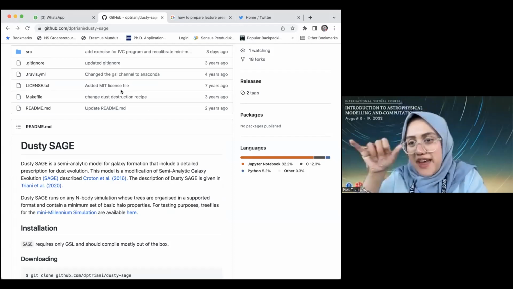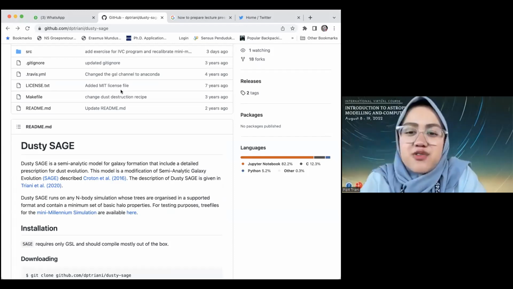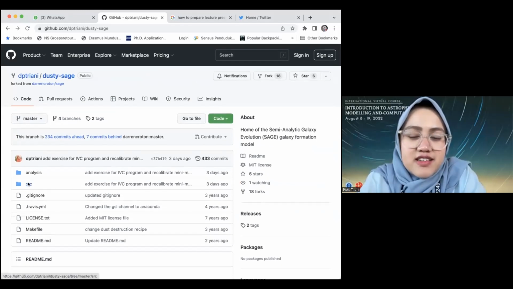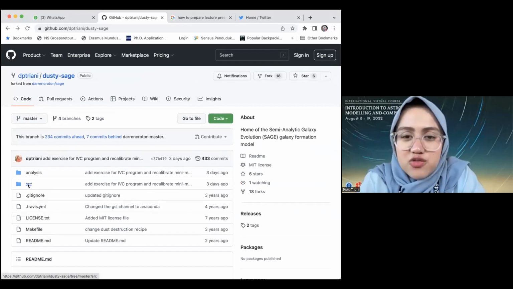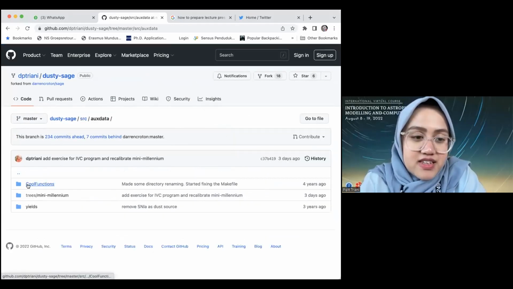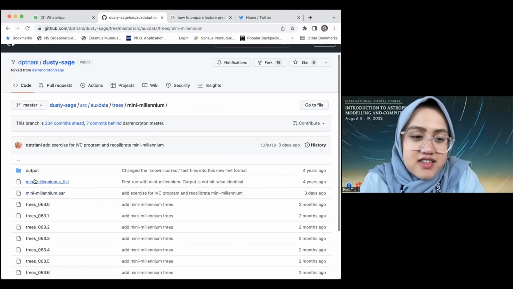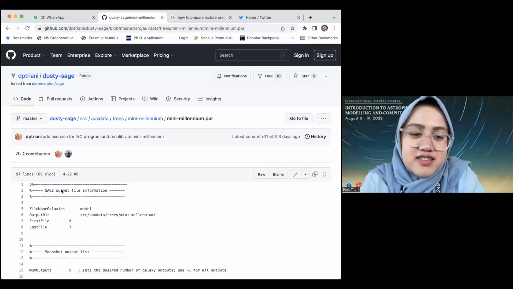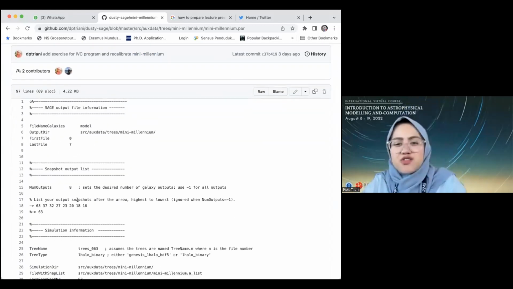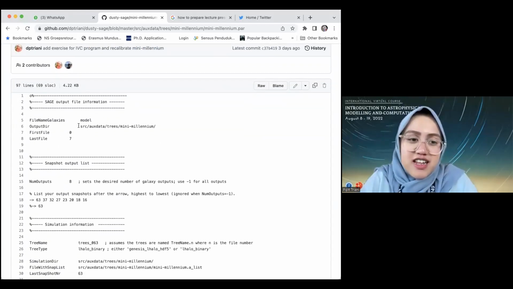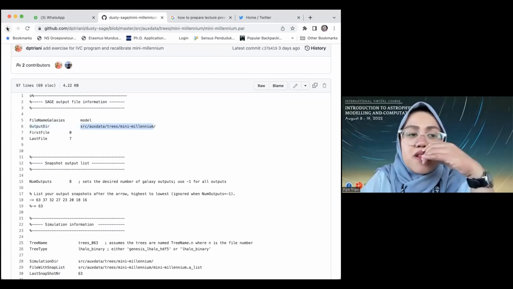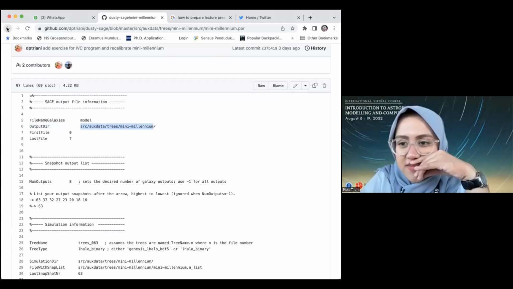You just need to copy the path. So then it's correct. Like the whole path of the output dir. You don't have to copy that as well, actually. Just this output directory. Just remember where you put the mini millennium.par is.